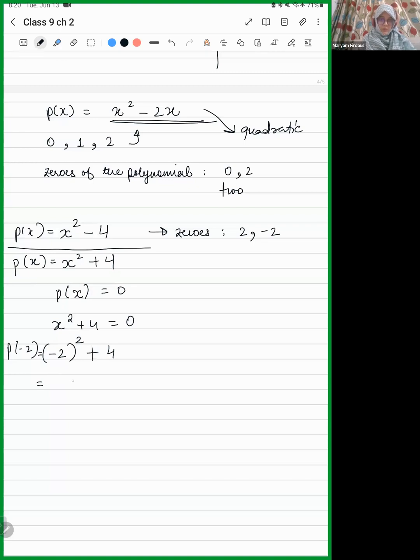You're getting 8, right? Because minus 2 square is 4, and 4 plus 4 is 8, which is not 0. So is minus 2 a zero of this polynomial or not? No, ma'am, it's not.